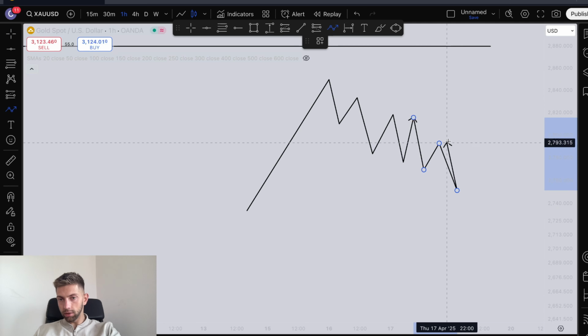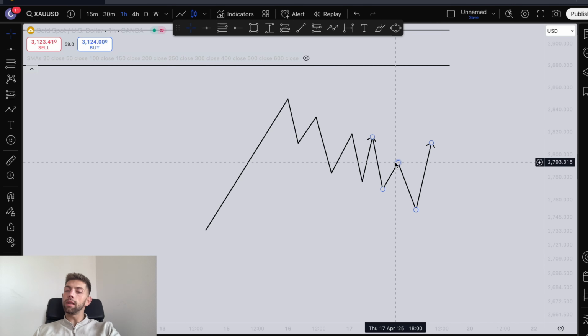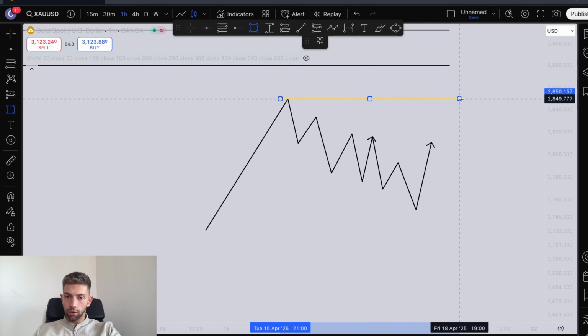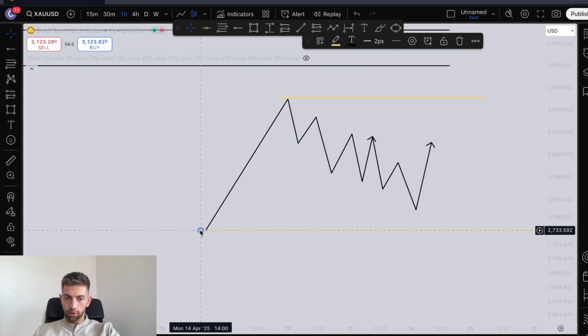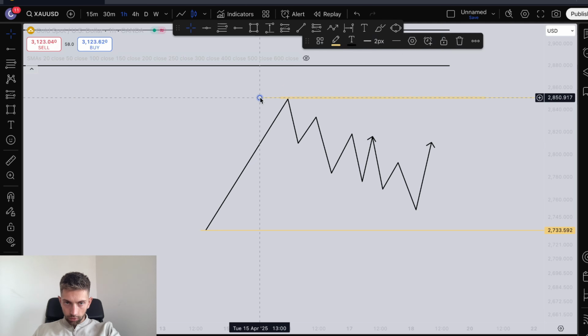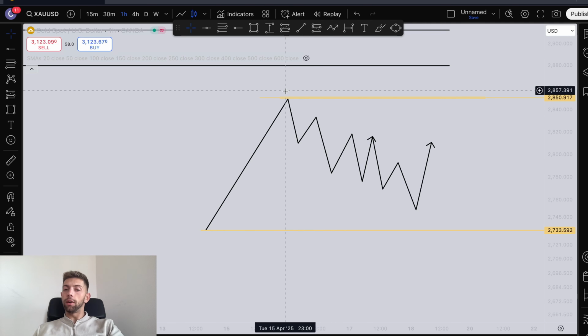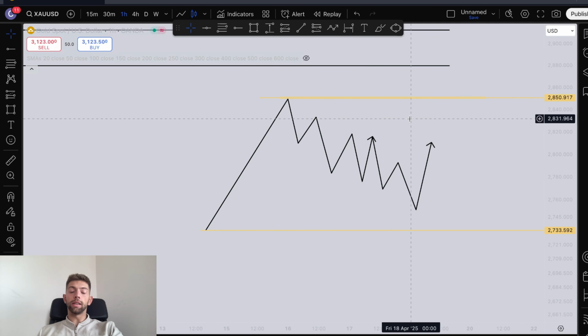So we want to see this high get broken, and once this high is broken, the probability of price going to its own highs of this main push, which is right here and right here, the probability of it touching the highs is so high, I can guarantee you.